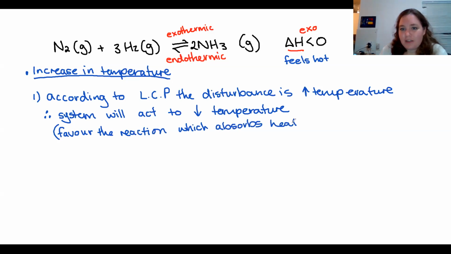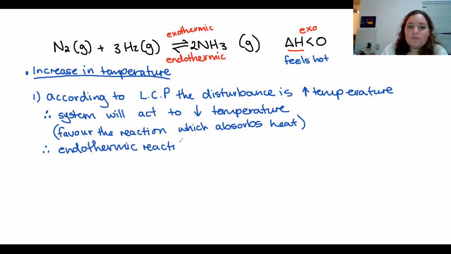Heat is thermal energy. So it's going to favor the reaction which absorbs the heat, because when it absorbs the heat, it lowers the temperature. What do we call the reaction that absorbs heat? Our exothermic gives off heat, our endothermic absorbs heat. So I'd say, therefore, the endothermic reaction is favored.